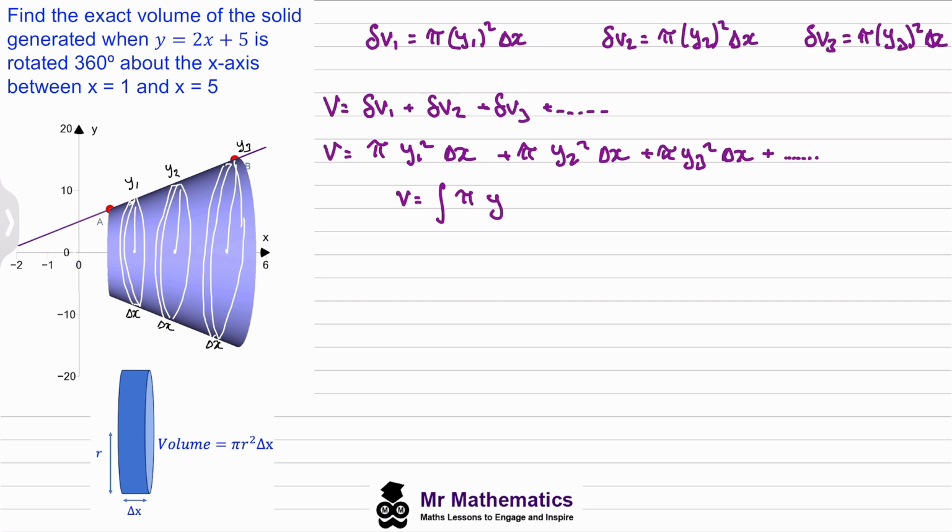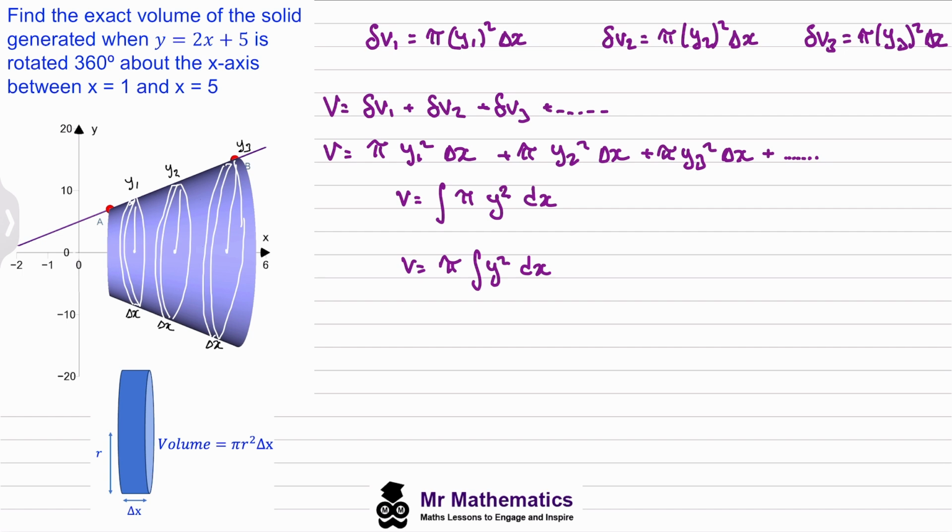And because they're squared, we'll say y squared times delta x. And when we integrate, this delta x becomes dx. And this pi is just a constant, so we can move this constant out in front of our integral sign. So the volume will be pi times the integral of y squared with respect to x.